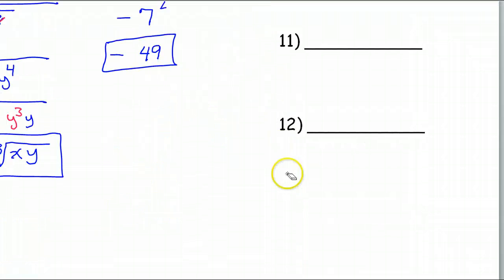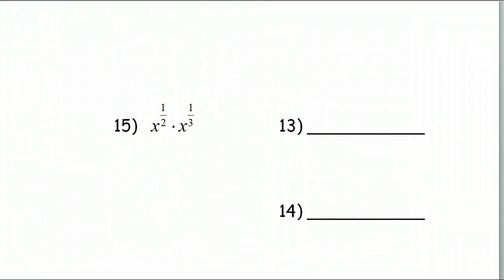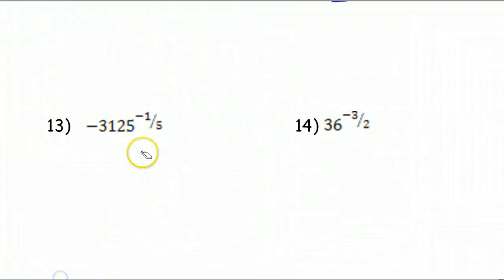Let's move on to number 13. There are different ways to think about this, but here's the way I like to do it. When you have a negative exponent, that means everything needs to drop down to the denominator.